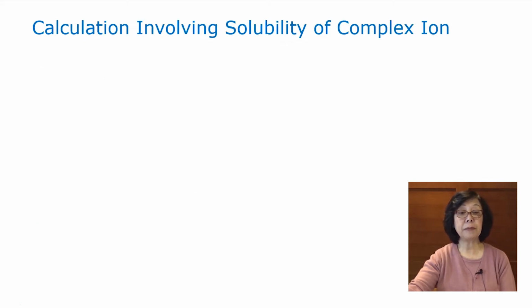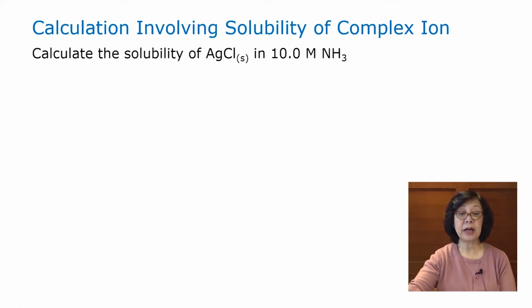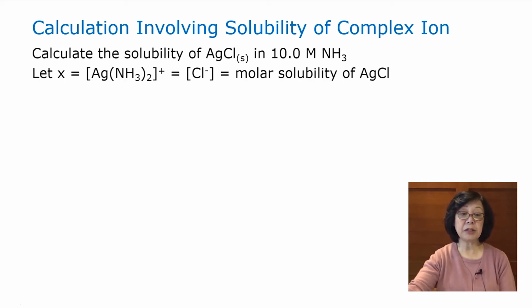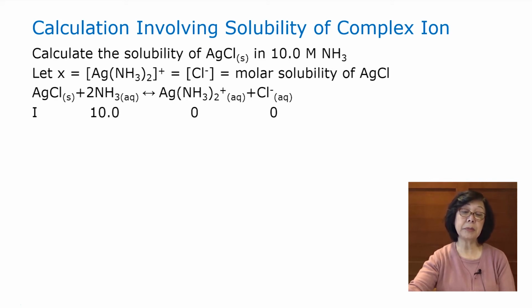Let's try to solve a problem involving formation of complex ion. Starting with silver chloride in 10 molar of ammonia solution. Now let X be the concentration of the complex ion and the chloride ion, as well as the molar solubility of silver chloride. According to the equation, we set up the ICE table.